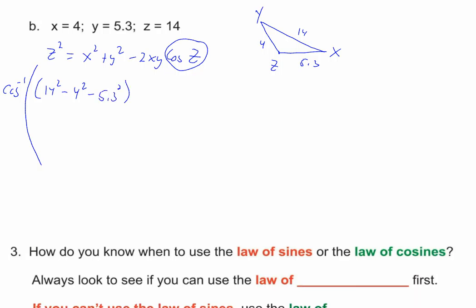Close that top parentheses, fraction bar. Bottom parentheses, minus 2 times the 4 times the 5.3. Make sure you don't use the 14 on the bottom. Close the whole parentheses. And you should be where you want to be.